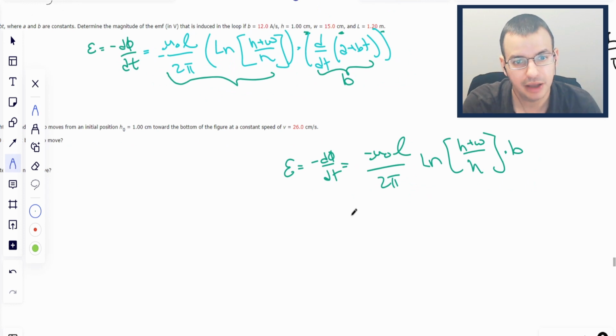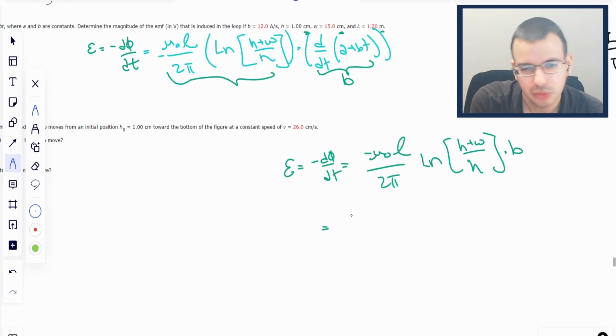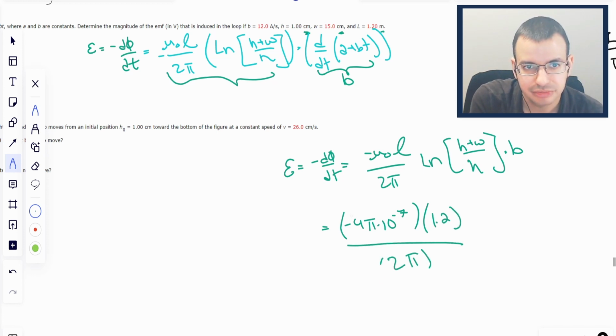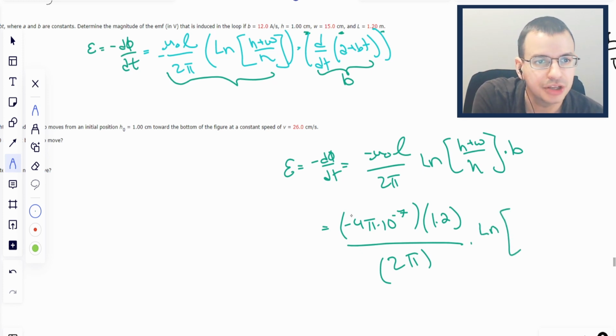All right, so now we plug in values, which we'll see how this goes. Negative 4 pi times 10 to the negative 7th, 4 pi times 10 to the negative 7th is what mu naught is. L is 1.2, 2 pi, that's just 2 pi, I suppose. Natural log of h plus w. So h is 1, w is 15.